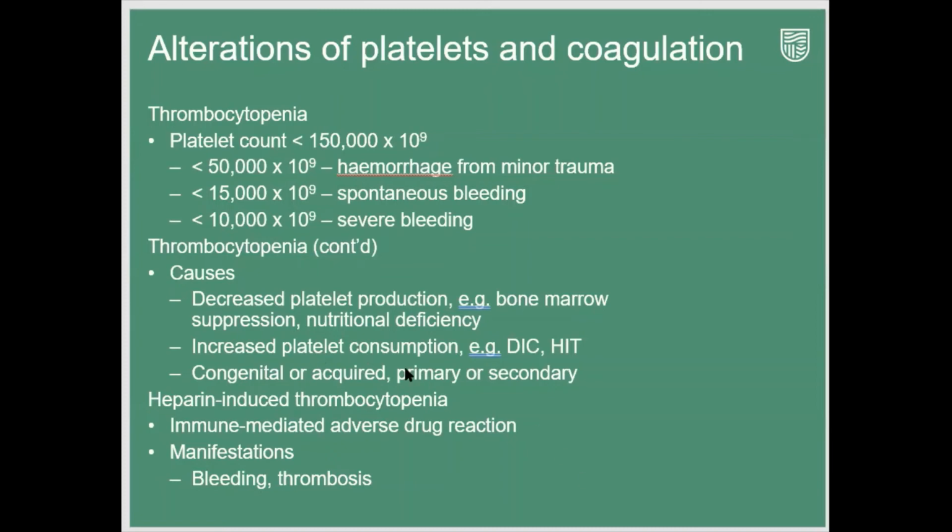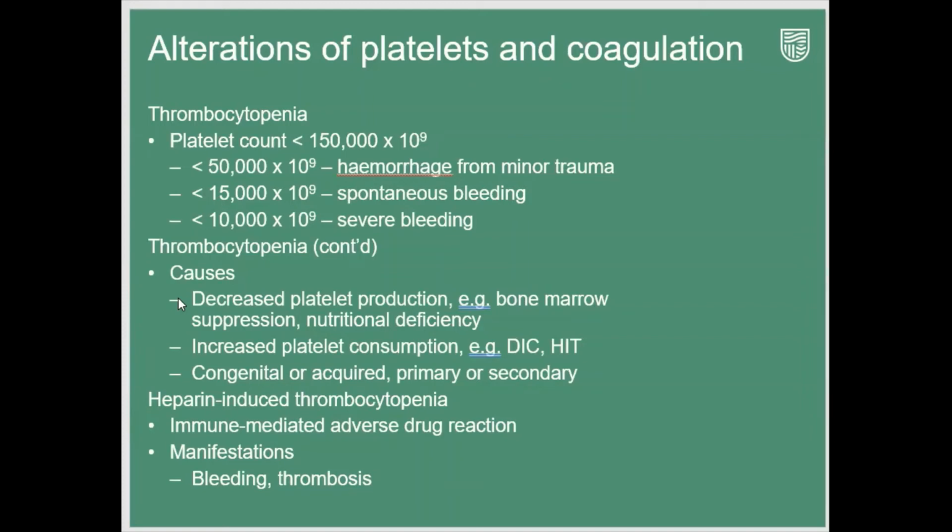The decreases in production, the first cause up here, could be due to the loss of bone marrow that occurs in aplastic anemia, replacement of bone marrow by malignant cells, such as in leukemia, radiation therapy and drugs for treatment of cancer can suppress bone marrow function. HIV can also affect the precursors of bone marrow.